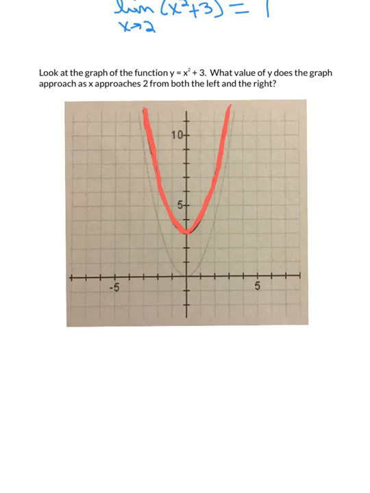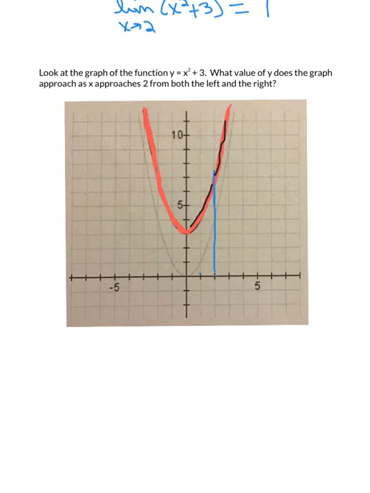So first of all, let's look for 2 on the x-axis. So we come over, here's 1, here's 2. Now, if we take this 2 and go up until we meet the function, and then think about tracing the function from the left and from the right, from both sides at the same time, what y value is that graph getting closer and closer to?